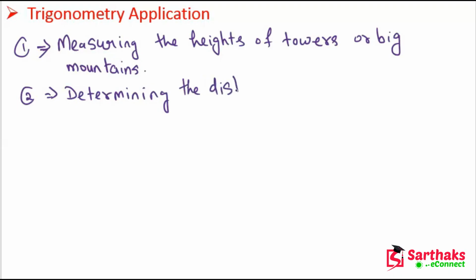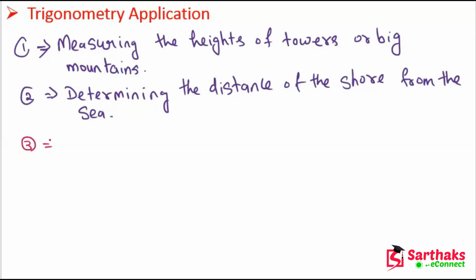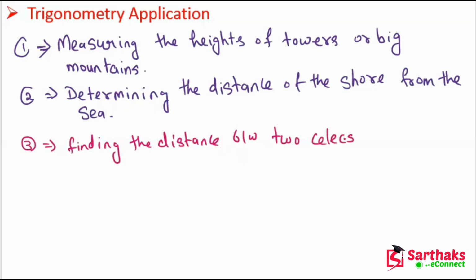So now the third point is finding the distance between two celestial bodies.